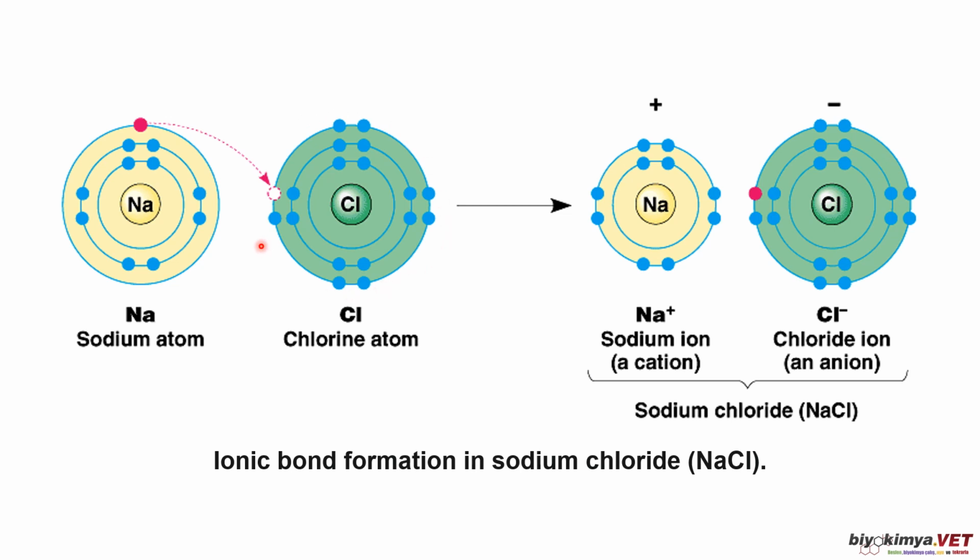It is easiest for sodium to lose an electron to form a +1 ion, a cation, and for chlorine to gain an electron to form a -1 ion, an anion. If sodium transfers its spare electron to chlorine, as shown here, both atoms will fully satisfy the outer shell requirements and an ionic bond will form.